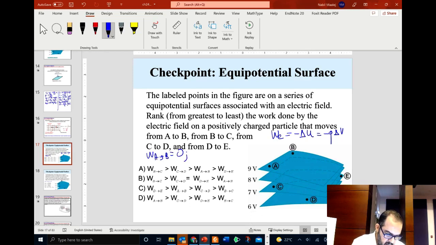Okay, the next one is C to D. This is a positive charge Q. What's delta V here? So C to D, it's 6 minus 7, so that's minus 1.